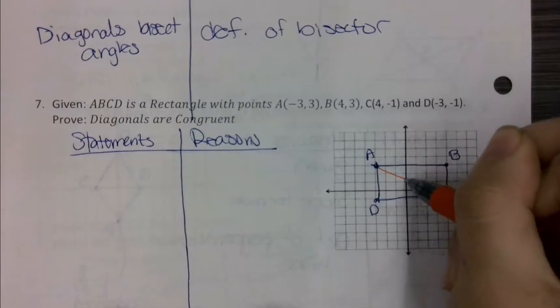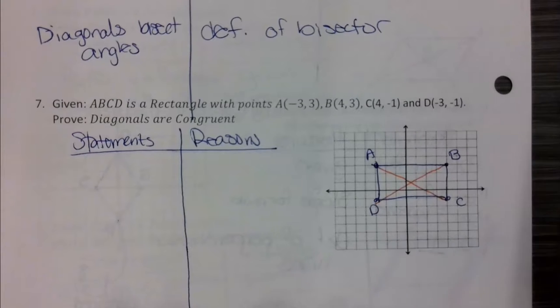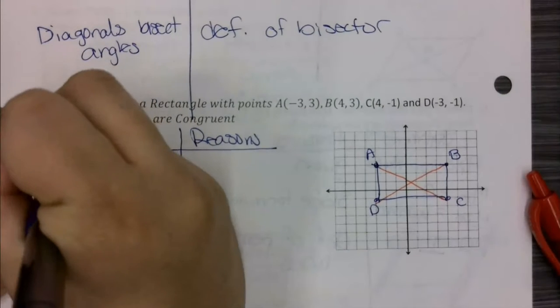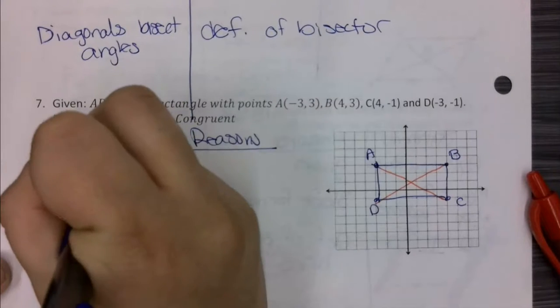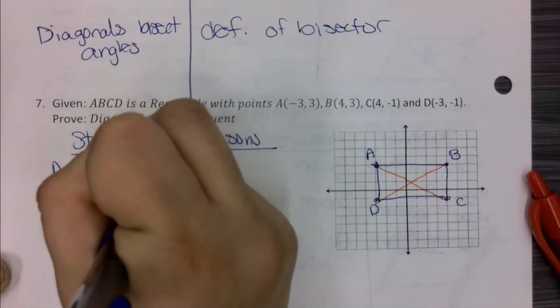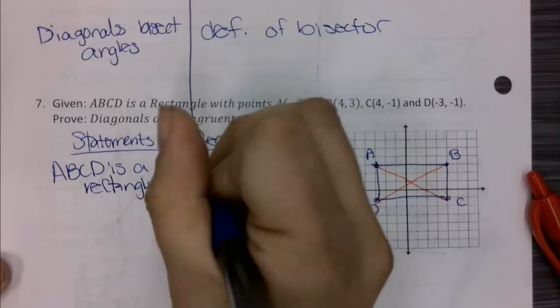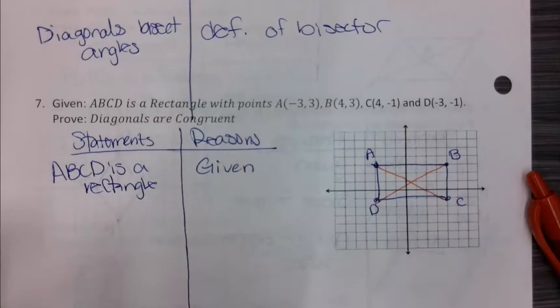So these are these ones. Yeah. ABCD is a rectangle, and that was given.